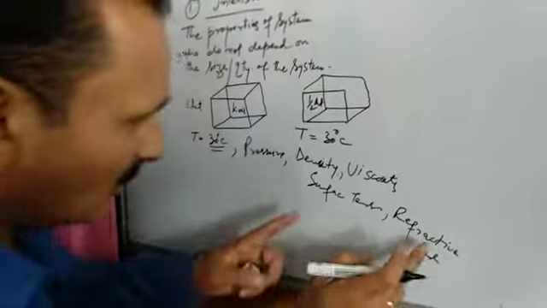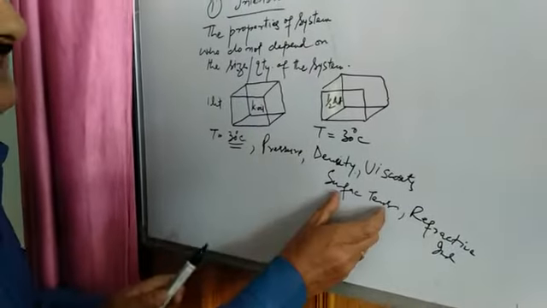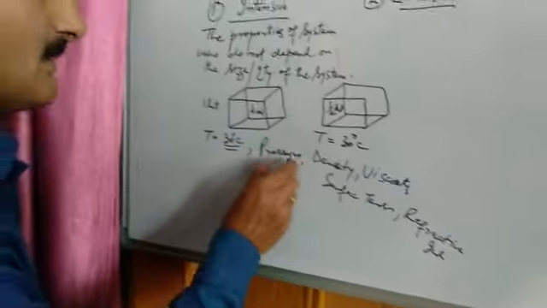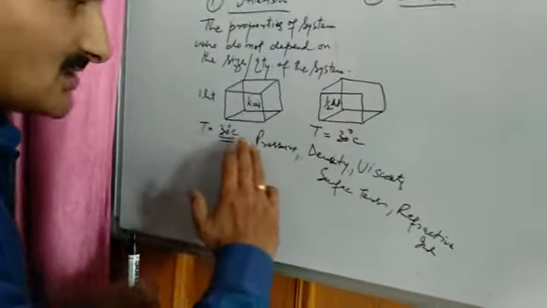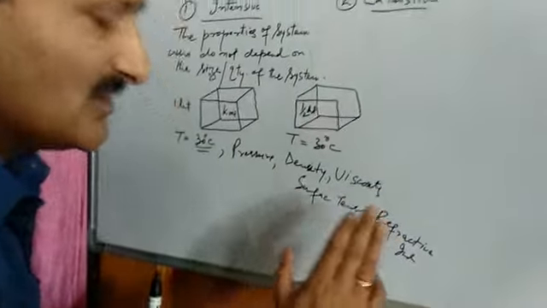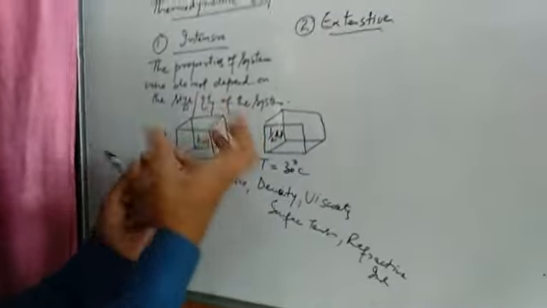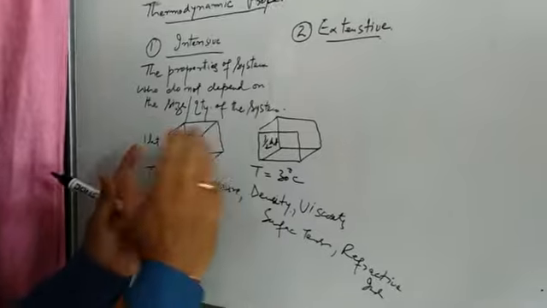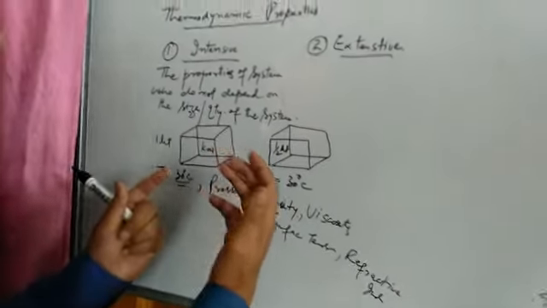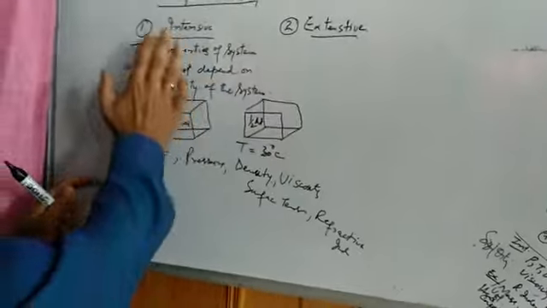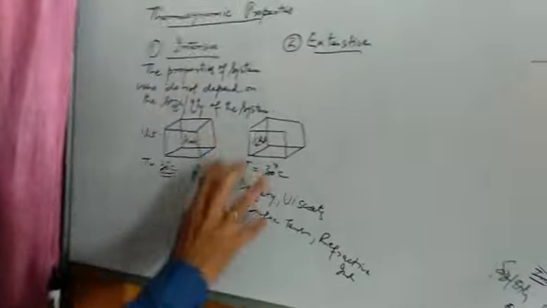So all these properties, whether surface tension, the refractive index, the viscosity, the density, the pressure, the temperature, are such properties of a system which do not depend on the size of the system, the quantity of the system. Irrespective of system, they remain as they are. So such properties are known as intensive properties.